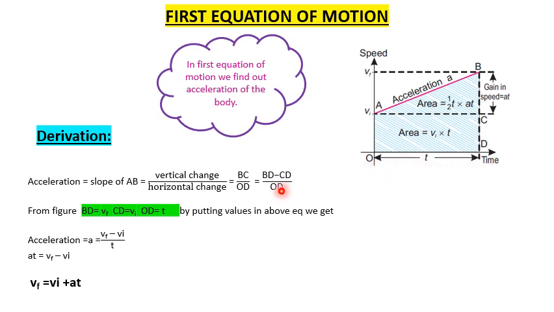By putting these values in this equation, we will get acceleration. As you can see, a is equal to Vf minus Vi divided by t. So, by taking t here, at is equal to Vf minus Vi. So, we will find out Vf is equal to Vi plus at. This is the first equation of motion, and it is used to find out any of these terms.